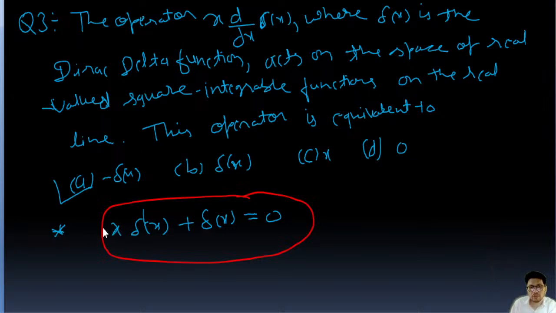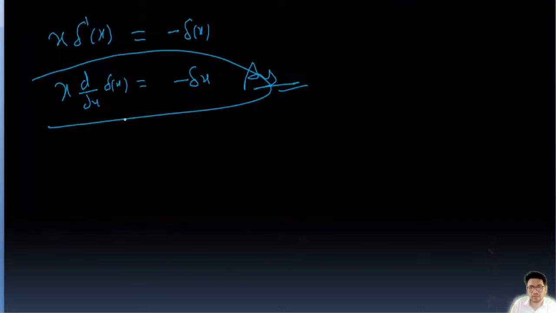You can solve this question in less than 1 minute, and it carries 5 marks if you know this property of the Dirac delta function. Very easy question. Next question, guys.